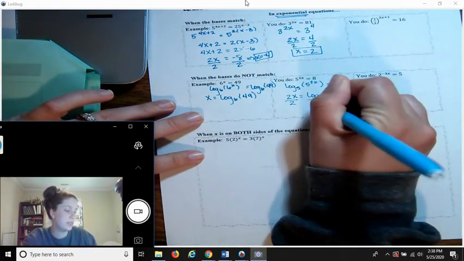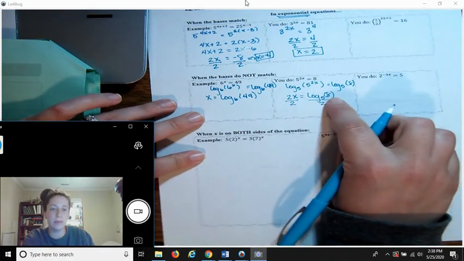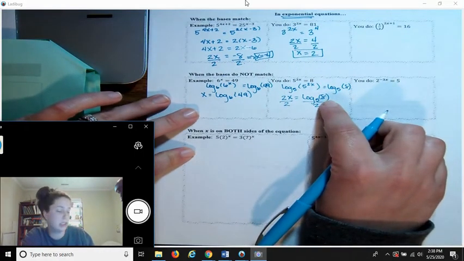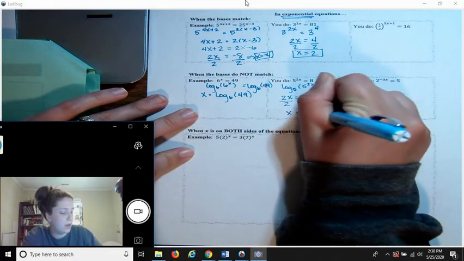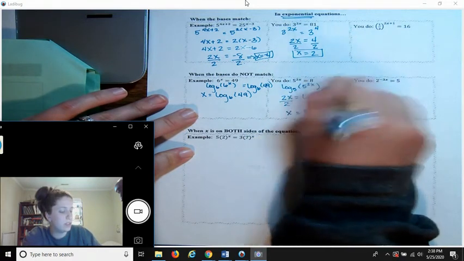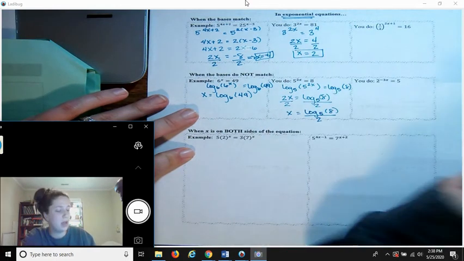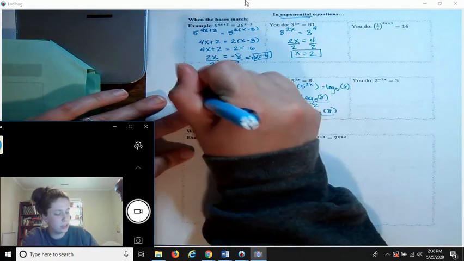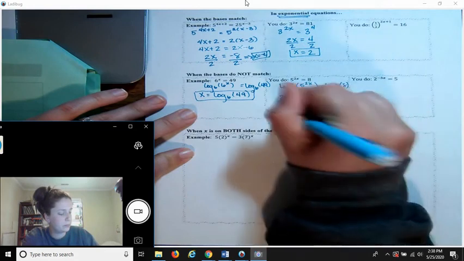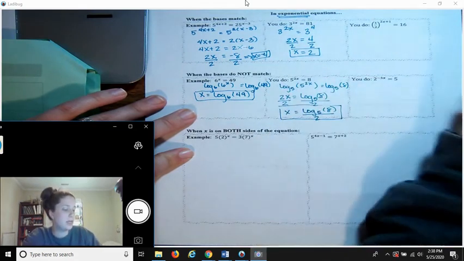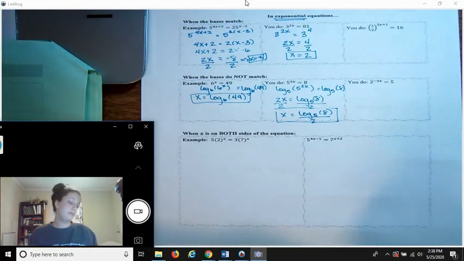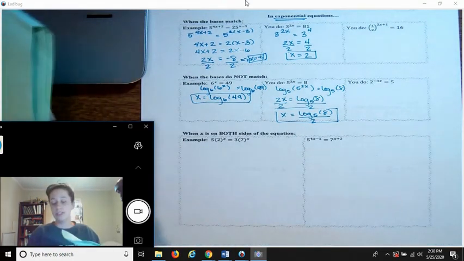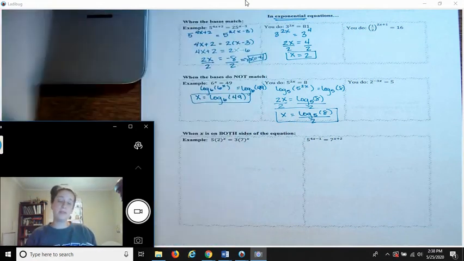This isn't going to simplify because 5 and 8 don't have common factors. So x is equal to log base 5 of 8 over 2. That's it. I guess I should be boxing in my solutions. Then you try the last one, and you can look at the solution when I post it.